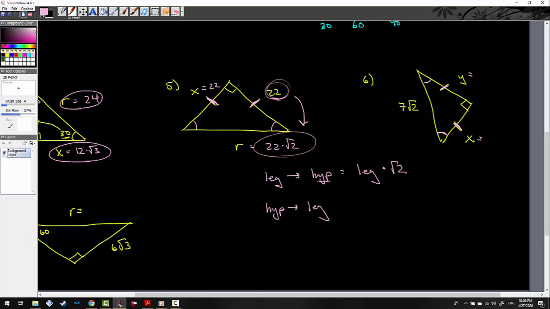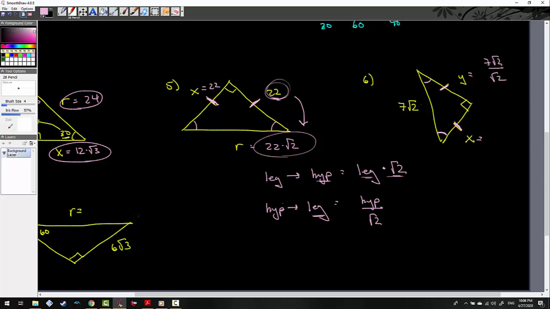So again, I go back to the relationship. I took the leg and I multiplied by rad 2. Which means if I'm going to go from hypotenuse back to leg, I will then take the hypotenuse and divide by rad 2. And that's going to get me the leg back. So if I do that, that means that I'm going to have 7 root 2 divided by root 2.